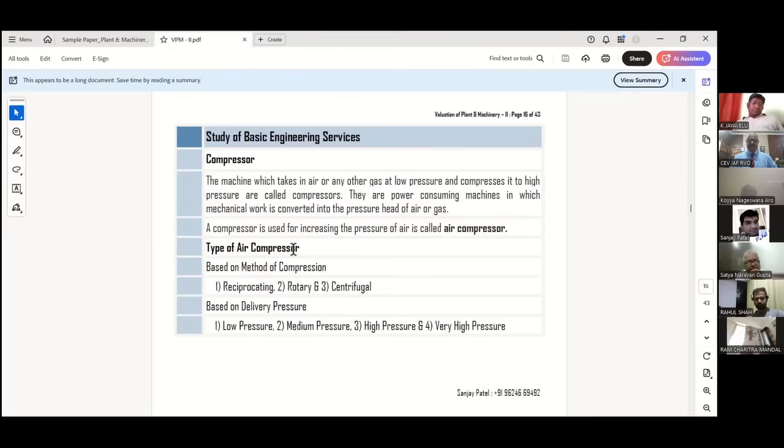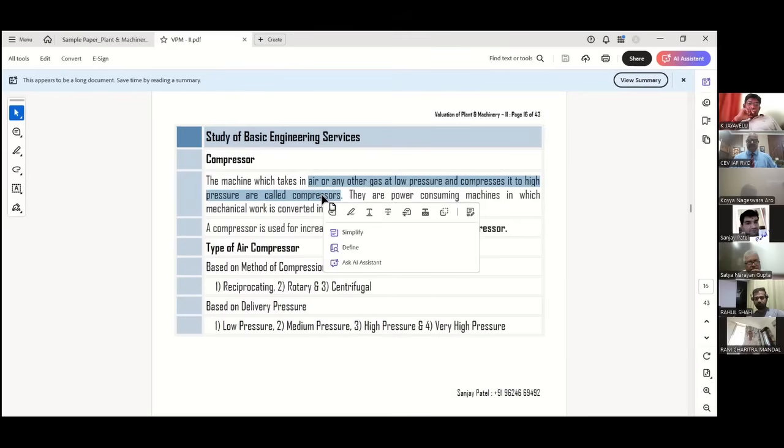A machine which takes air or any gases at low pressure and compresses it to high pressure is called a compressor. So normally it converts low pressure air into high pressure air, and many times it also works as a cleaner. It also cleans the air.